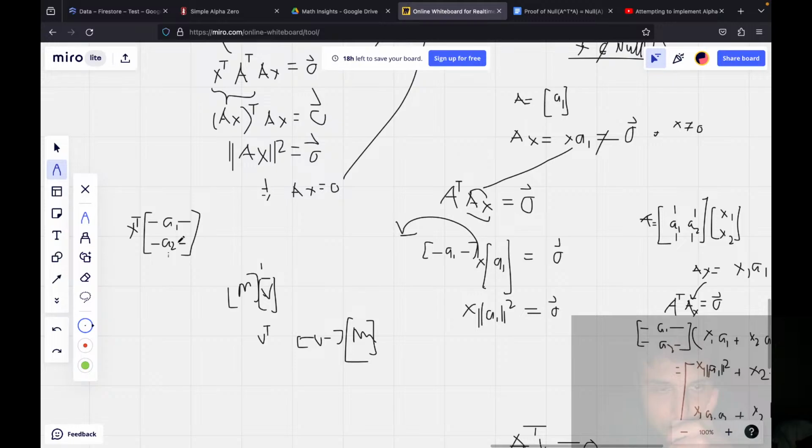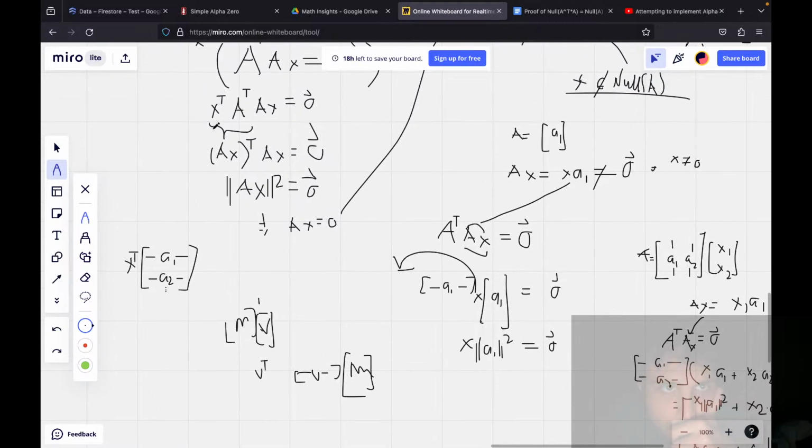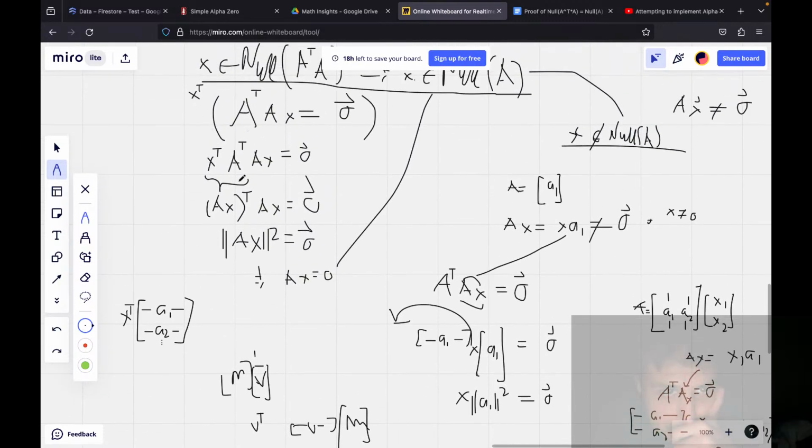But if you apply x transpose to the matrix, it weights all the rows. So by introducing x transpose to A transpose, we're in fact weighting all of those rows.